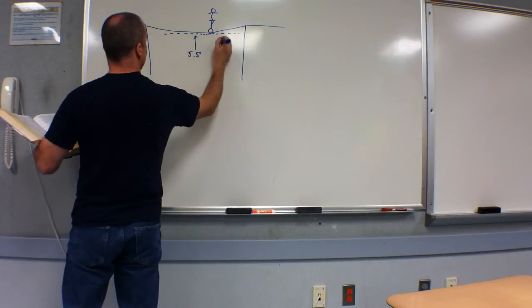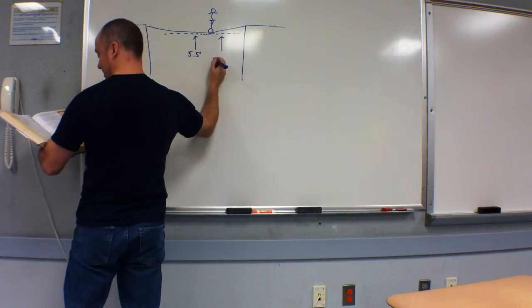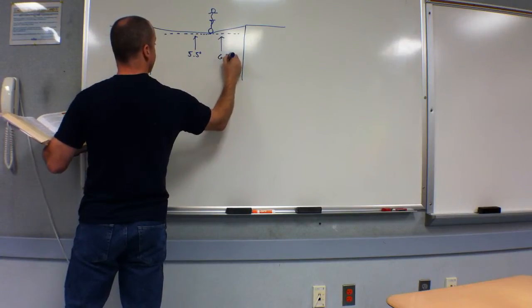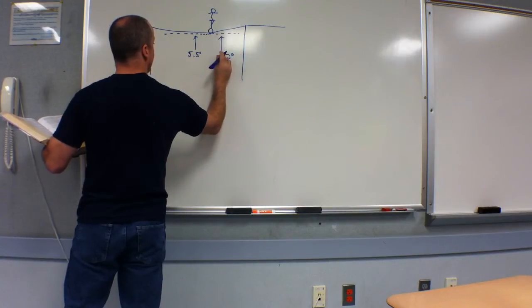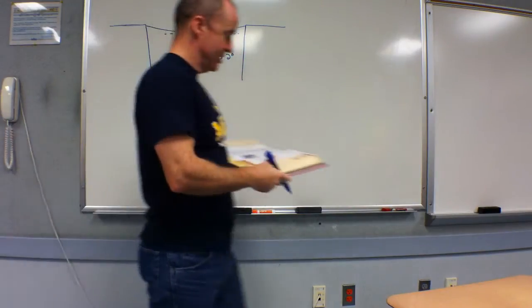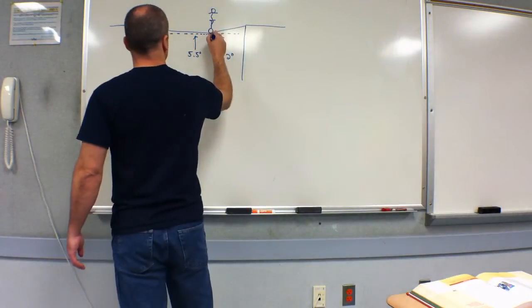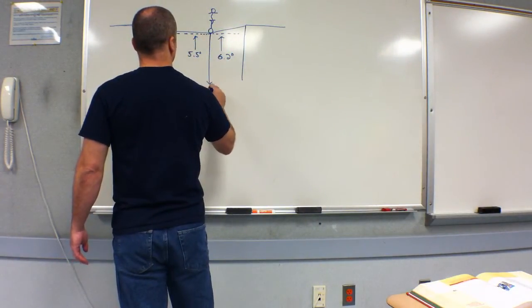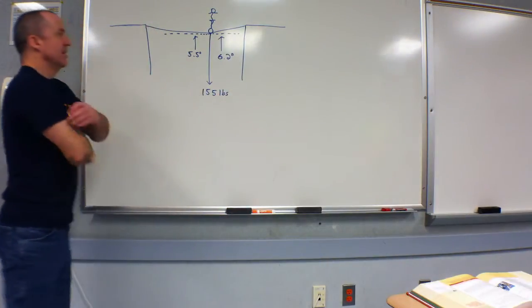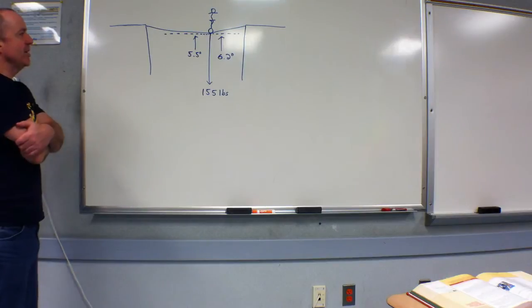So that's 5.5 degrees over here, and this is 6.2 degrees. Okay, now she and the unicycle combined exert a force on the rope of 155 pounds. So the forces can only go along the ropes. They can only go in those directions.